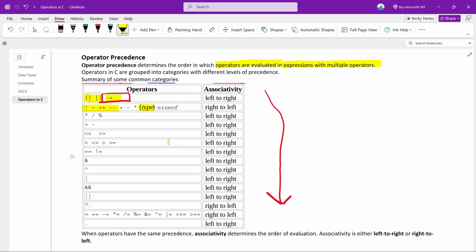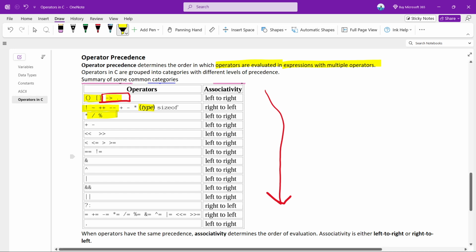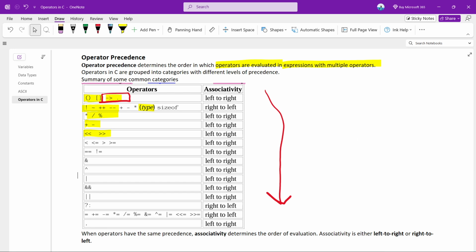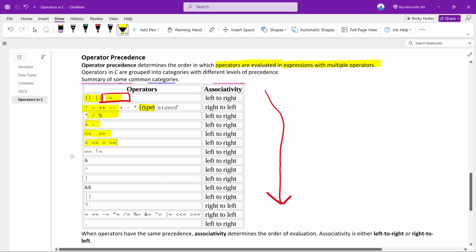Then we have our multiplicative operators, that is multiplication, division, and modulus. After that, we have additive operators, that is addition and subtraction. Then we have the shift operators, the left shift and right shift. After that, we have the relational operators, such as less than, etc. Then we have the equality operators, equal to and not equal to.